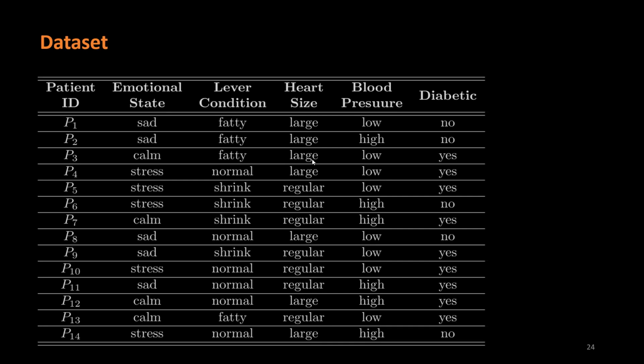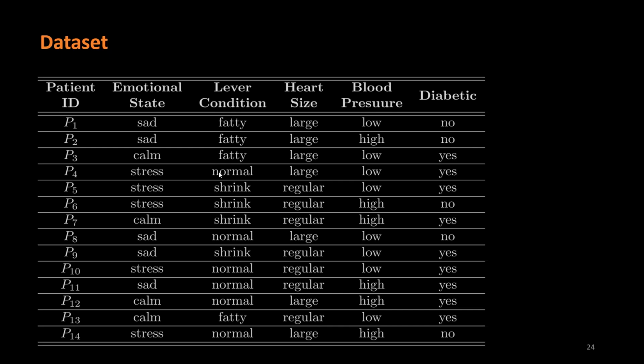The feature which has the highest information gain will be the most important feature, and we will start constructing our tree from that feature. That is, that feature will act as the root node of the tree. So in this way, we will start by calculating the entropy of each feature, then we will calculate the information gain of each feature, and then we will see which feature has the highest information gain, and that feature will be called the root node of our decision tree.